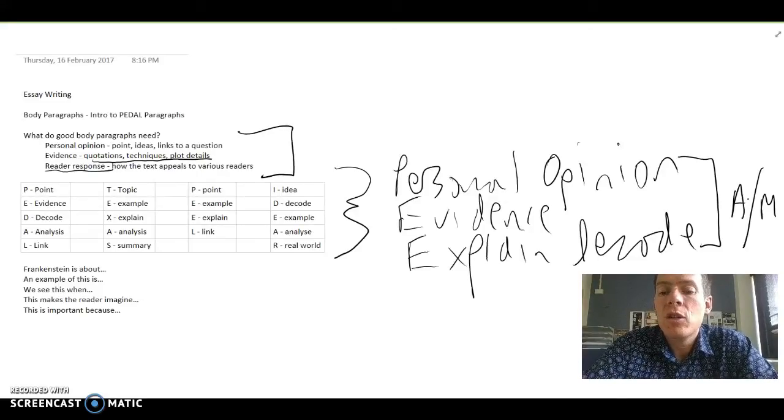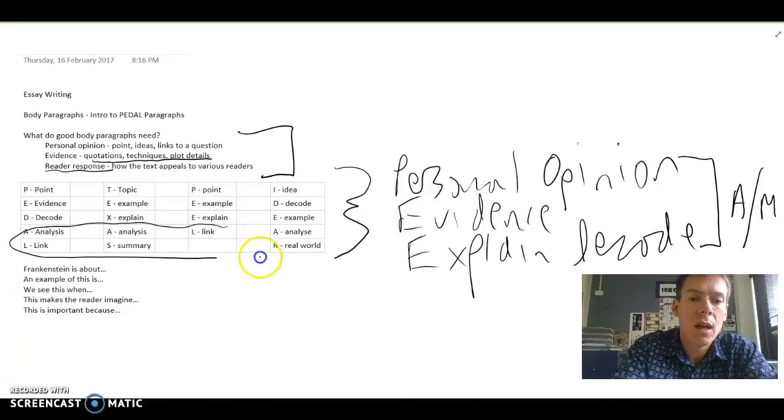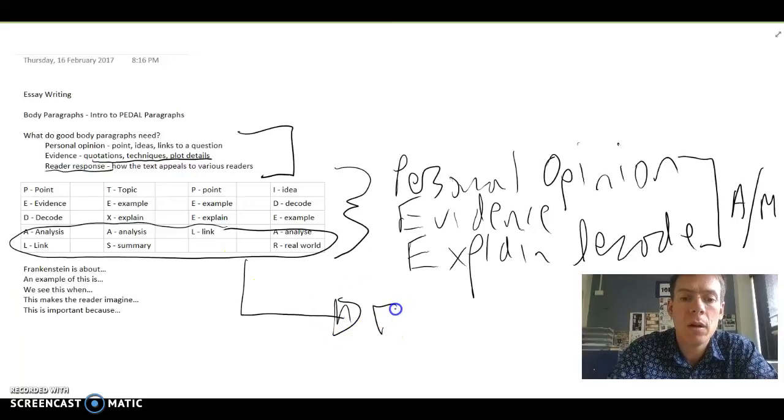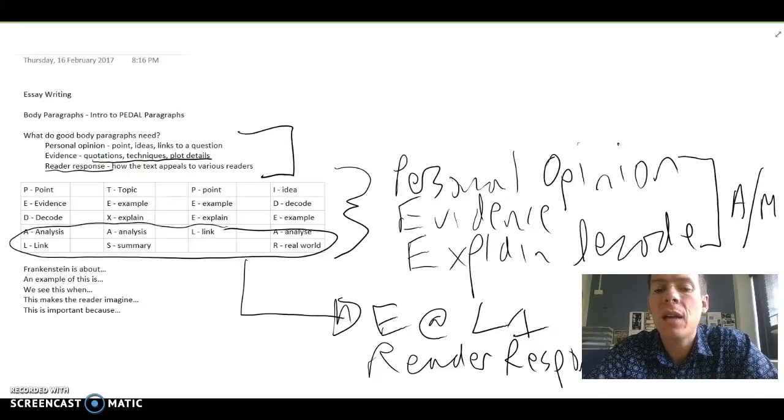What I wanted to challenge you though is these bottom ones of the analysis and linking to the real world. This is where you get the excellence at level 1. And that is where we get into talking about reader's response. And what this is starting to indicate is the general focus that a typical reader would have when they're reading that same technique.